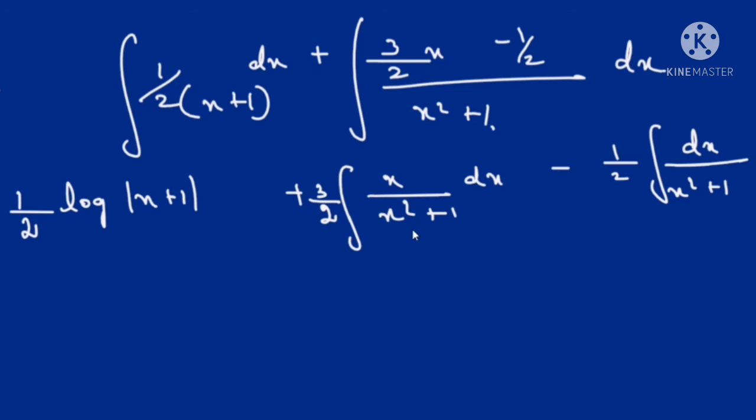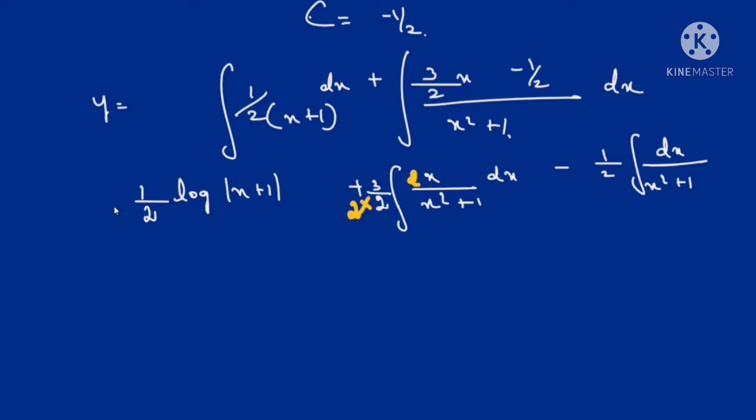Look at 3 by 2 x by x square plus 1, minus half into this. What is the derivative of x square? 2x. So 2 is missing, right? So multiply and divide by 2, put one 2 here and one 2 there. This will become y is equal to half log of x plus 1, plus 3 by 4 log of x square plus 1, because the derivative of the denominator is there in the numerator.